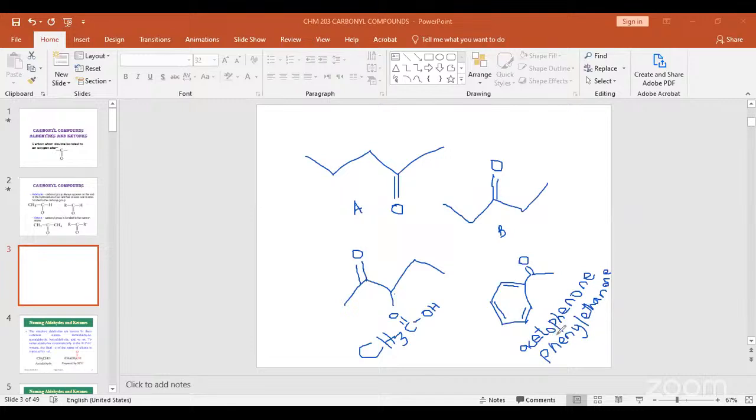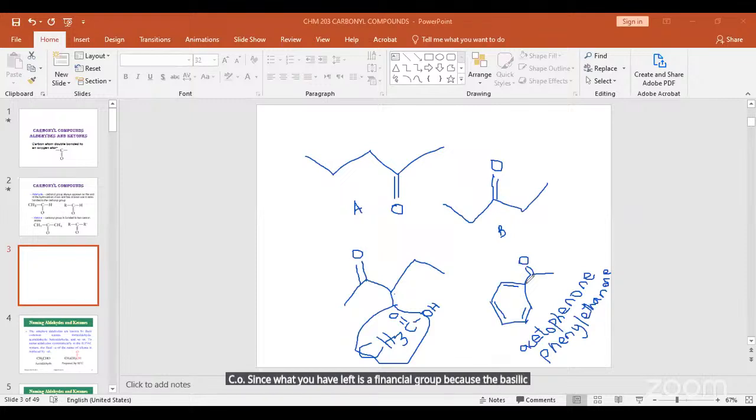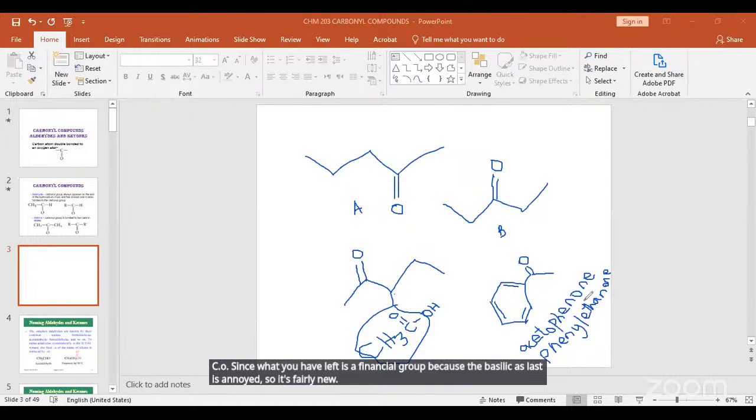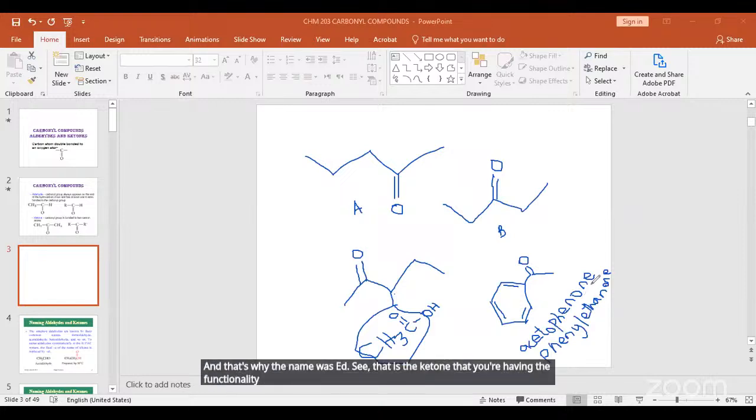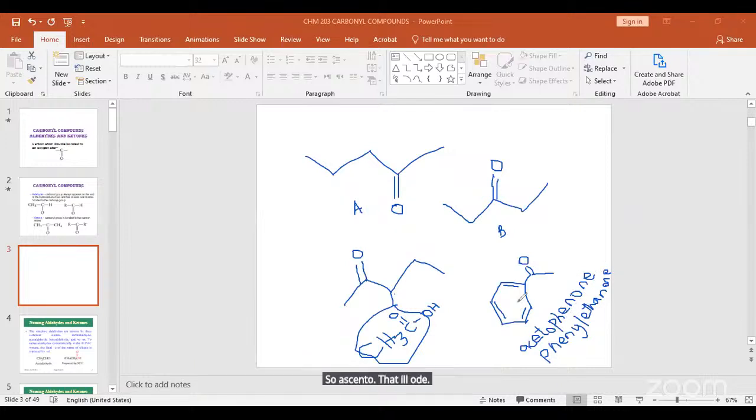So that's where the aceto is from: CH3CO. That's the aceto group. What you have left is a phenyl group, because the benzene ring has lost its hydrogen, so it's phenyl. And that is the ketone functionality, with the name ending in -one. So acetophenone or phenylethanone. And those are the two names that this compound can have.